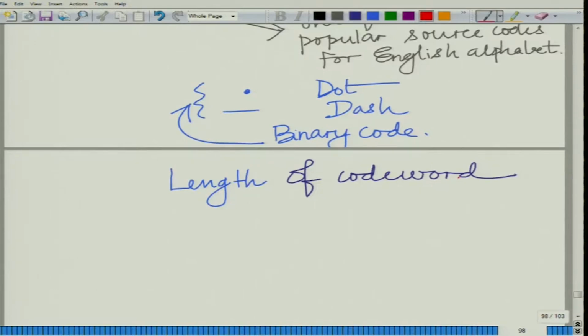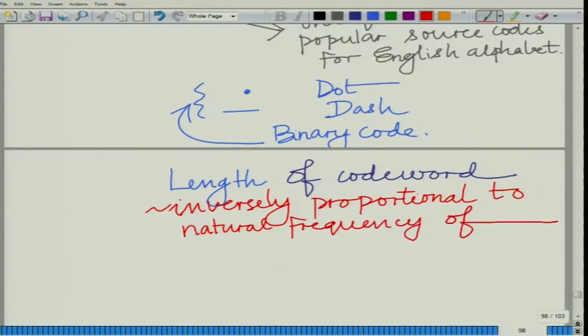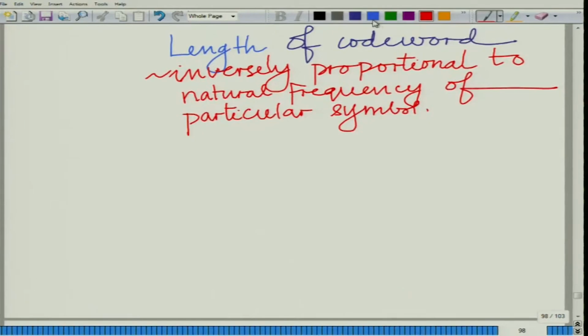The length of the code word is roughly, let us say approximately, inversely proportional to the natural frequency of a particular symbol, and that is one of the reasons Morse code is very efficient.